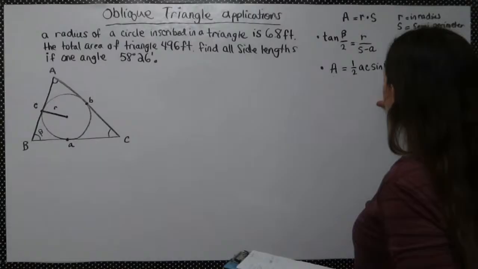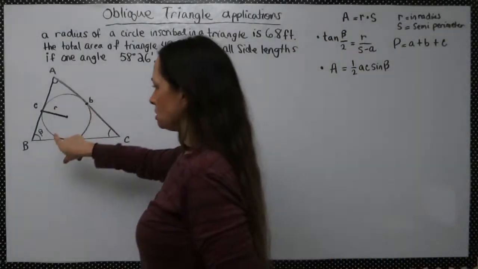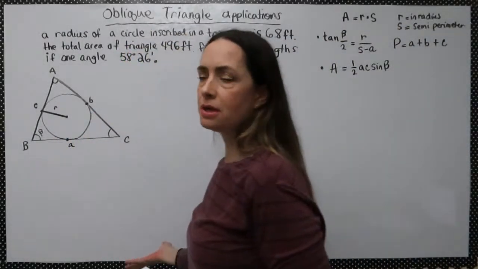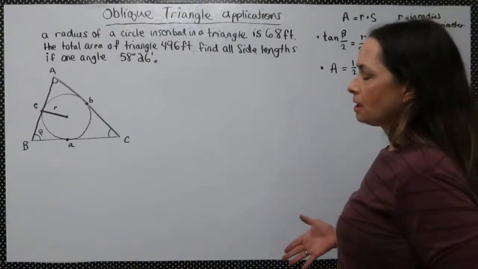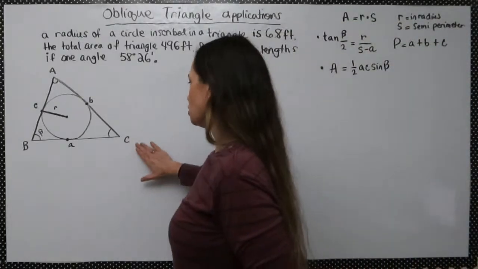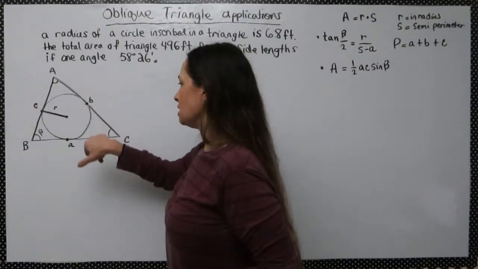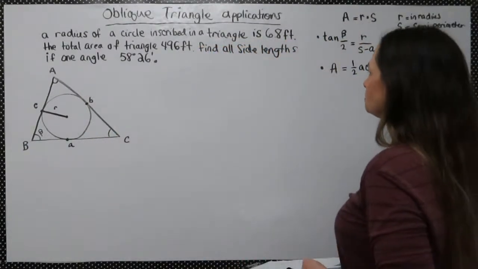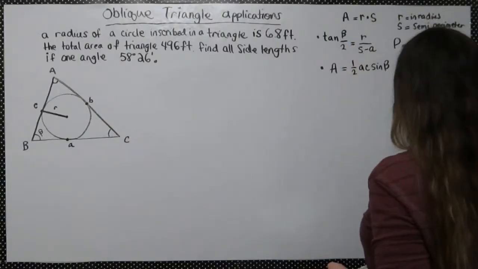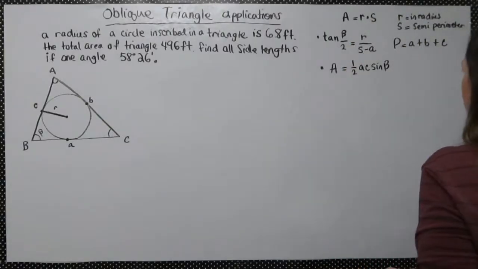And since I only know one angle, I chose it to be beta just to stay organized. But you could have chosen alpha or gamma, whatever angle you want, A, B, or C, it's up to you. So I chose beta, and that's the one I'm going to use.